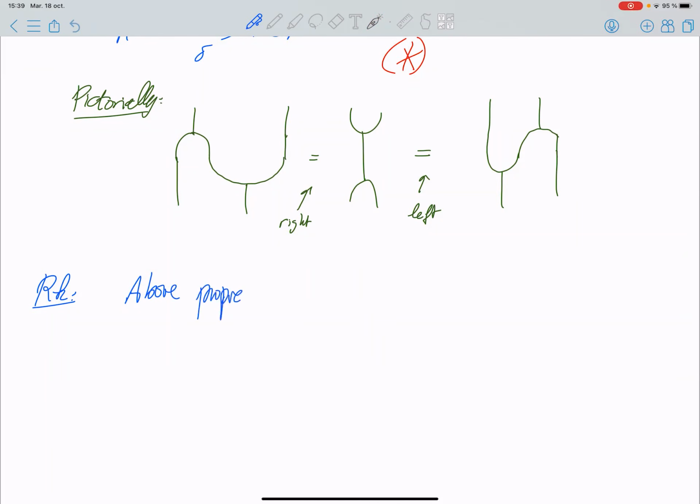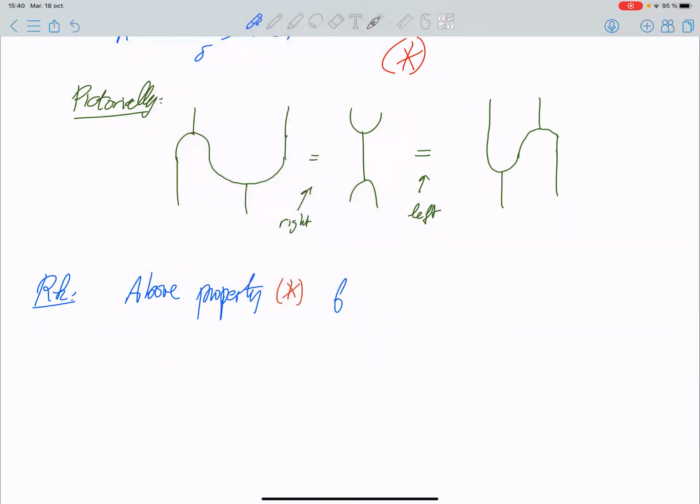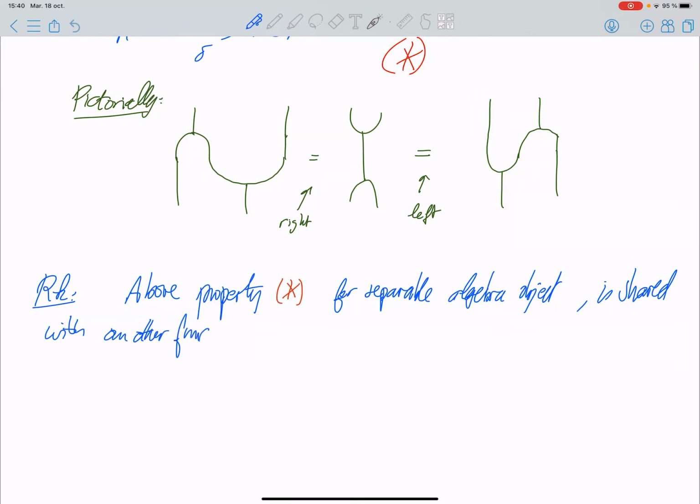So this property star for separable algebra object is shared with another fundamental notion, not developed right now, soon in fact, of Frobenius algebra.